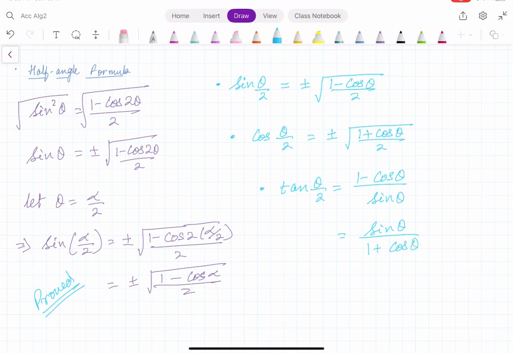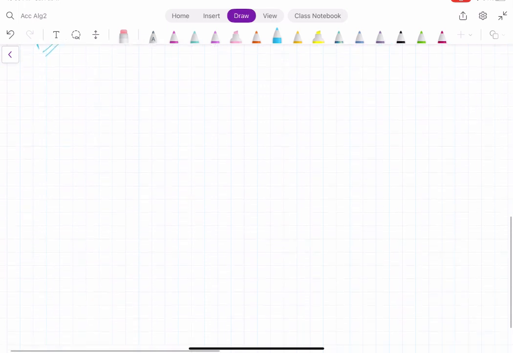So we can replace it as sine theta divided by 1 plus cos theta. It can be written in two different ways.